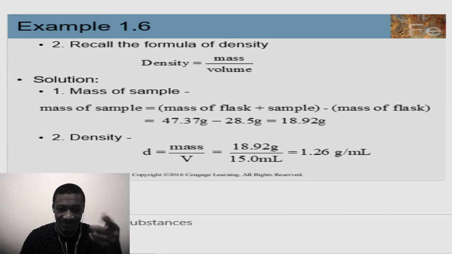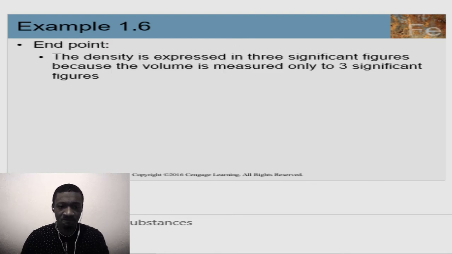Recall density is equal to mass over volume. So we divide the mass by the volume, and it's going to be grams per milliliter. Grams per milliliter is the unit for density. It's very straightforward, just subtract and then divide.